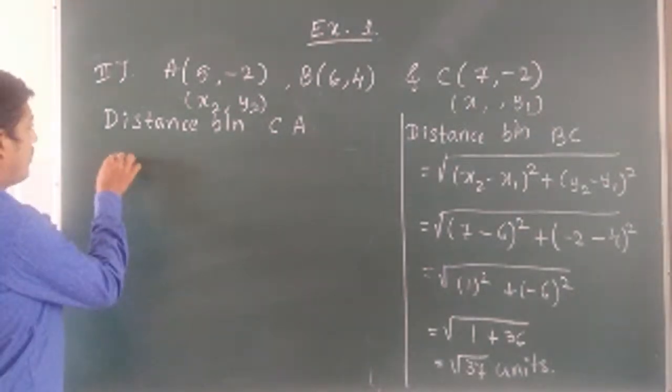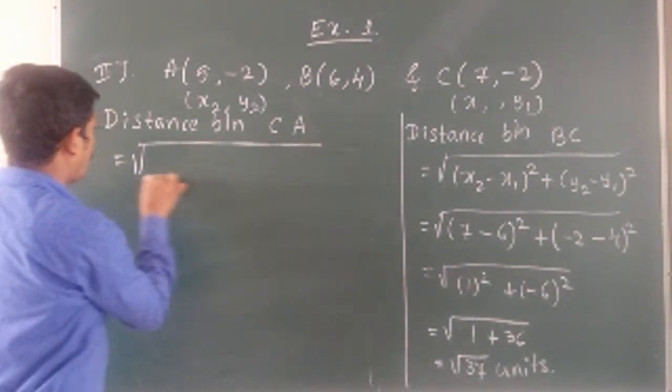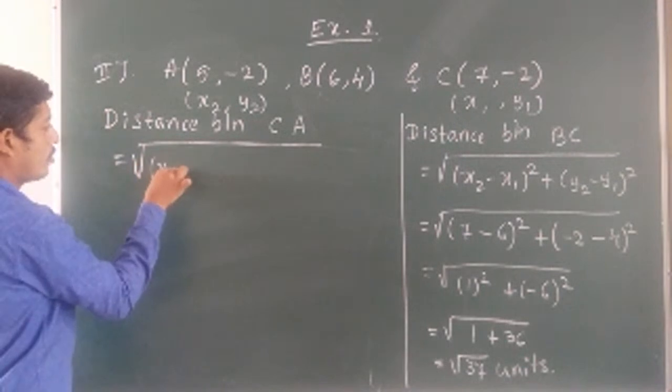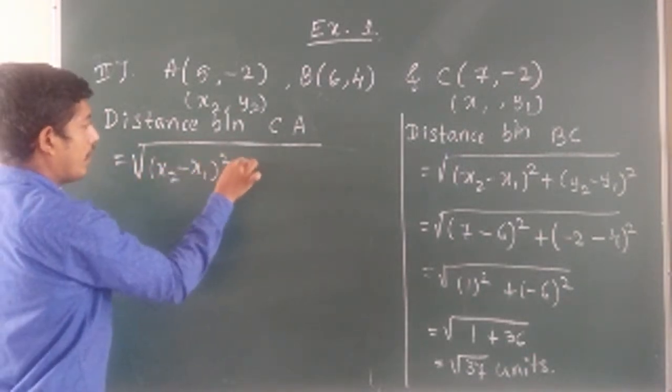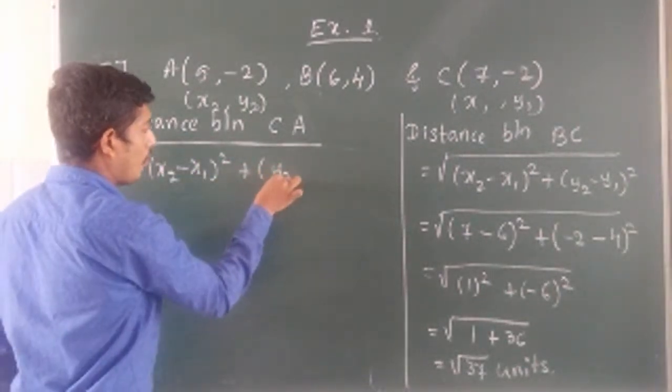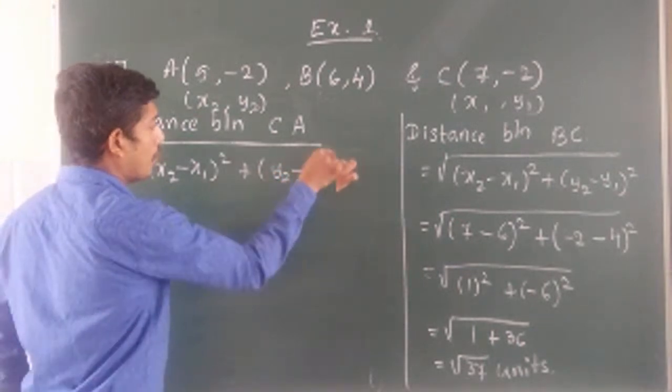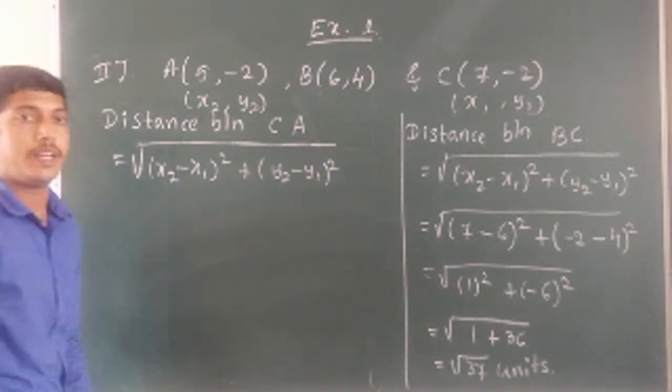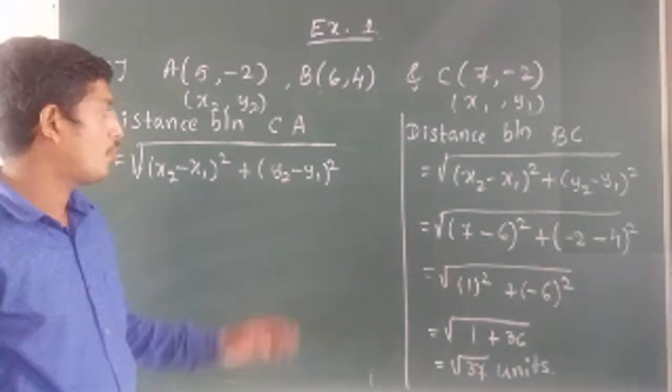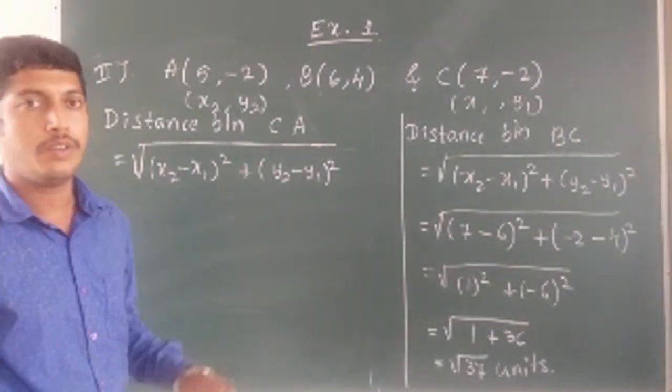Now I will write the formula, that is square root of x2 minus x1 whole square plus y2 minus y1 whole square. Now I will substitute the values.